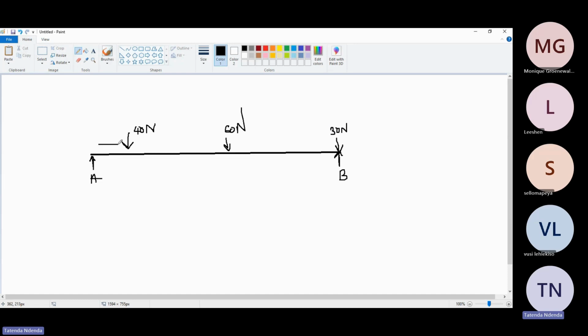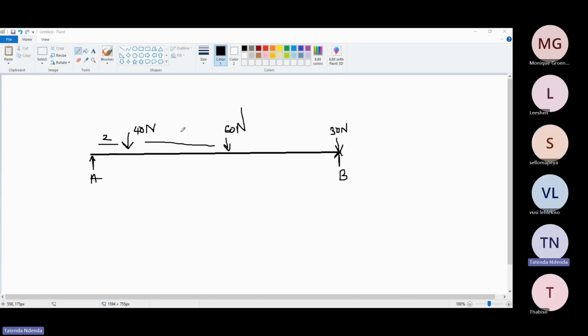Then you say from here to here, I have 2, from here to here we're having 6, and from here to here we're having 9. So these are meters, meters, and meters.